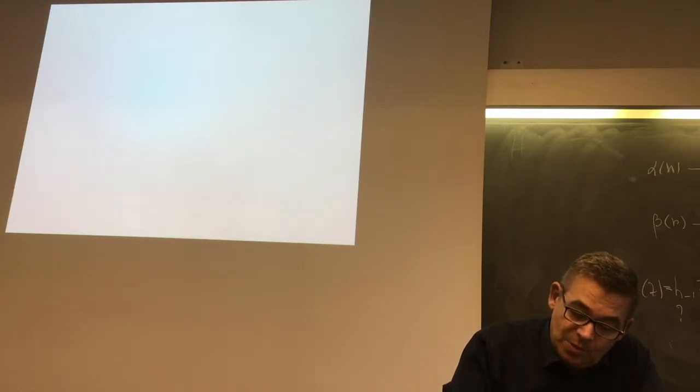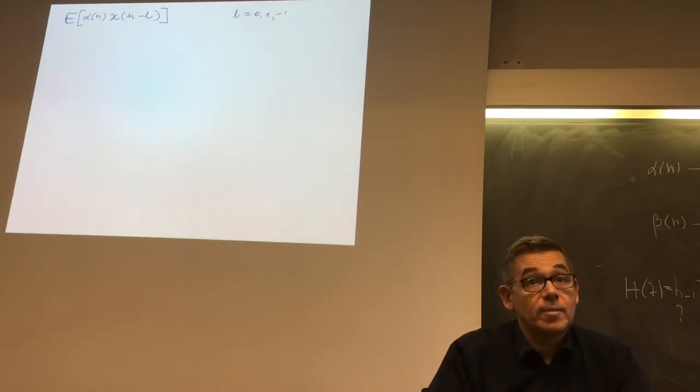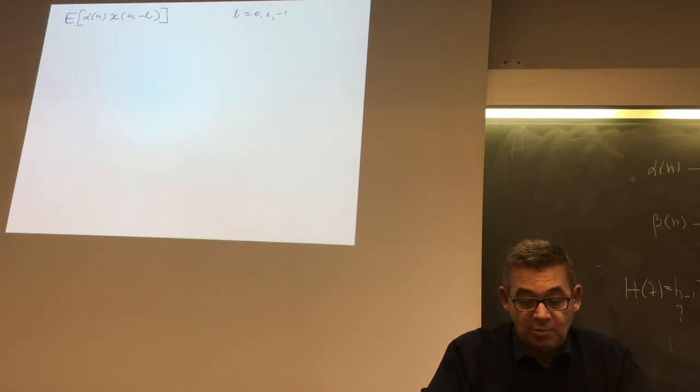So the vector is composed by terms where I have an expectation of alpha and x n minus L, where L is equal to 0, 1, minus 1. That's the term we need to compute.